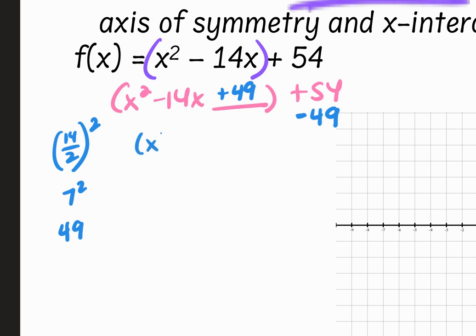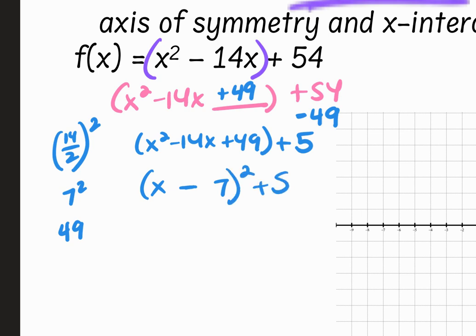Now I've got x squared minus 14x plus 49 minus 49 plus 5. And I just made that parentheses into a perfect square trinomial. So the shortcut to factor: square root the first term, square root the last term, take the sign from the middle, put it in parentheses, and square it. And now my function is in standard form.